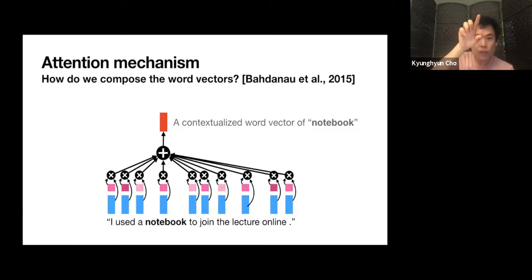But now this one knows that the notebook in this sentence refers to an electronics device, not something that you write on directly with your pen. And this wasn't termed attention mechanism initially, but it has become widely known as the attention mechanism.